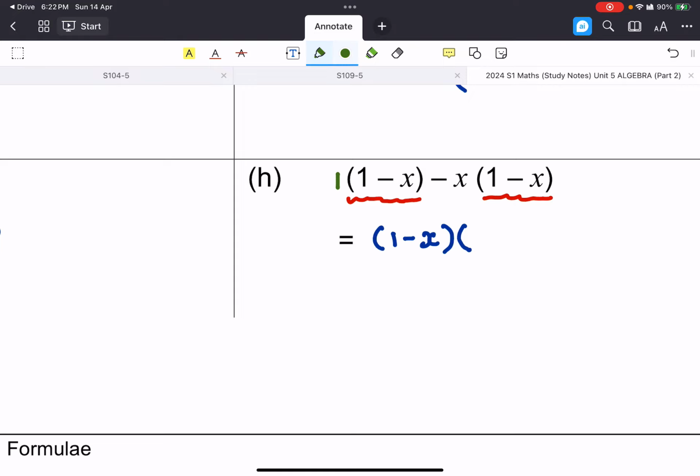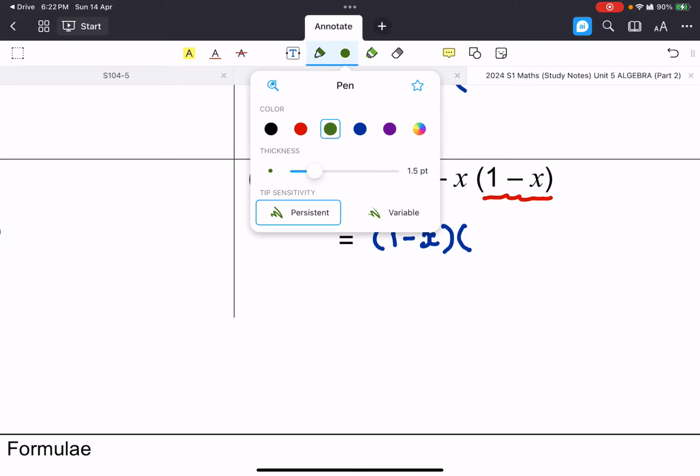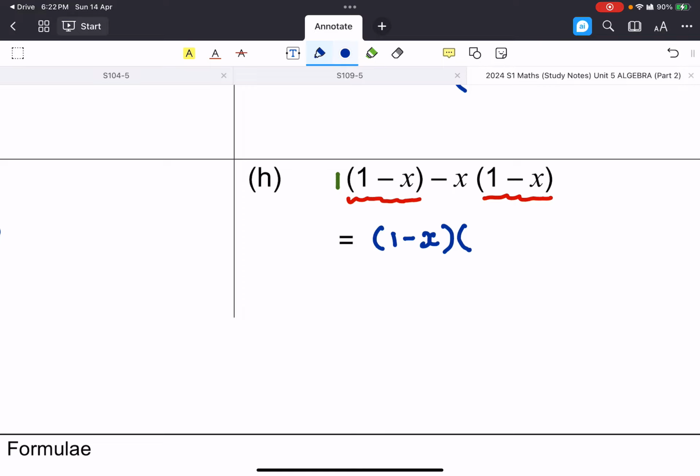Just like when we just have the letter x, it's actually 1x. If we just have the letter y, it's 1y. So here, there's actually a 1, which means that after extracting the bracket part, I have a 1 left. And then you have 1 minus x. And of course, since 1 minus x and 1 minus x are repeated in this manner, we can write it in this form, 1 minus x squared.